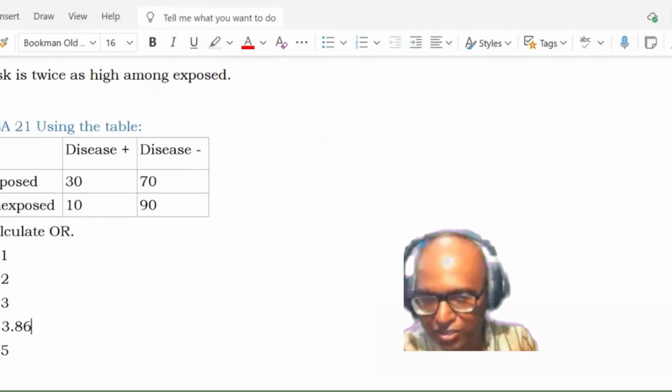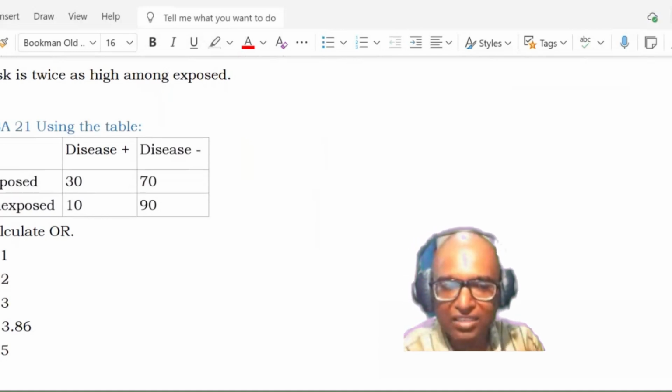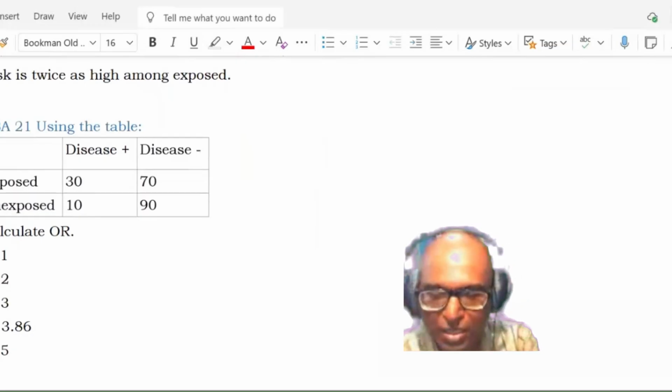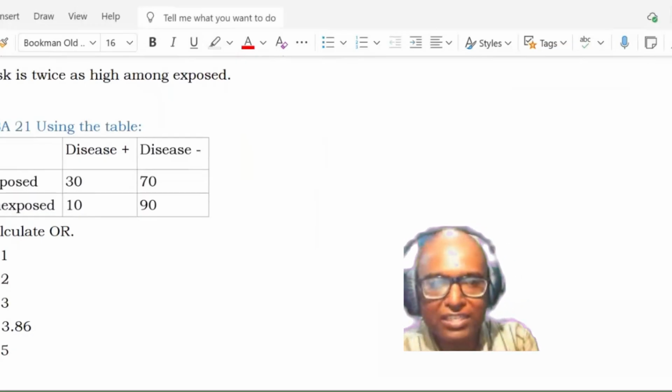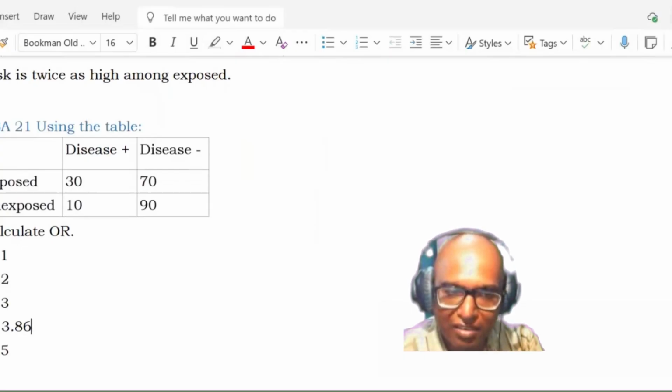What we mentioned in the session, odds ratio is higher than the relative risk. In the odds ratio we are just saying 30 divided by 70 for the odds of exposed. But for the relative risk, you calculate 30 divided by 70 plus 30, that is 30%.